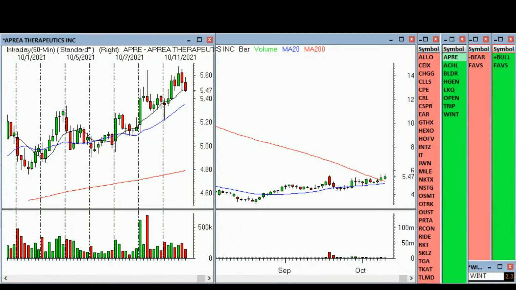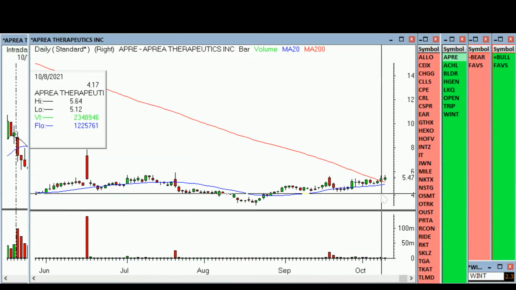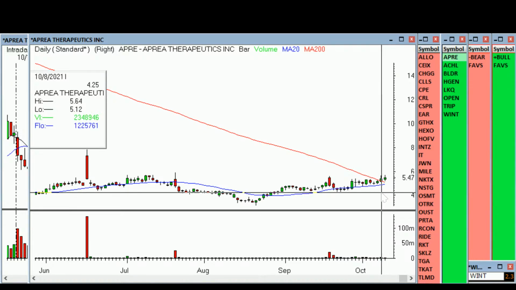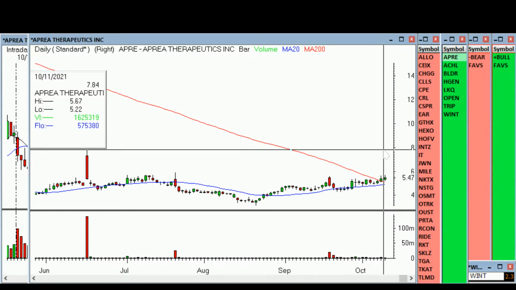Both are biotech, I think. APRE says therapeutics, so they're both biotech. It looks okay on the APRE if anybody wants to try. I'm probably going to pass. Long over today's high or Friday's high, whichever is higher, and stop under Thursday's low, which is 5.12. Target about $8.